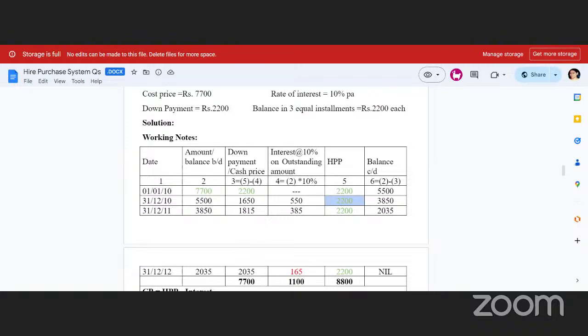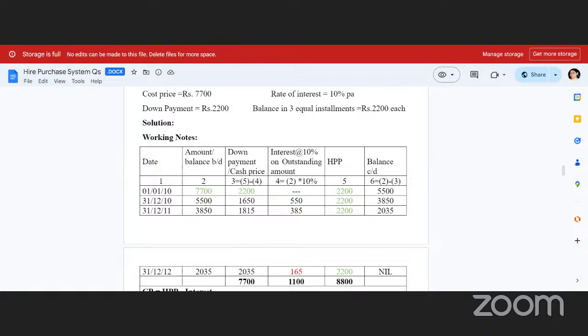So upon 5,500 I calculated the rate of interest, 10%. Then I got 550 interest upon 5,500. Actually the interest is only 550, but I'm paying 2,200. So from this 2,200, 550 is to be subtracted.